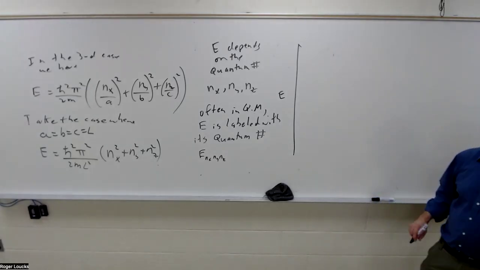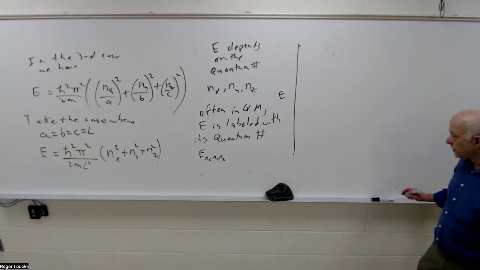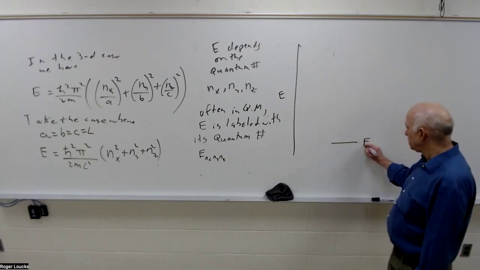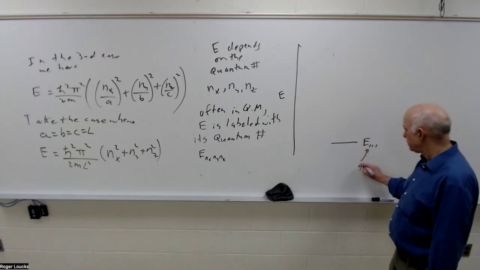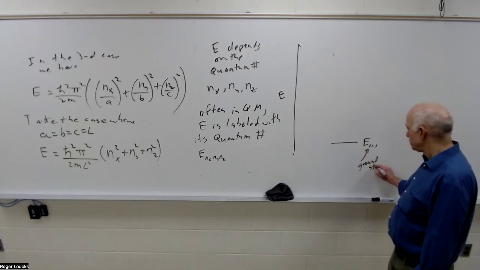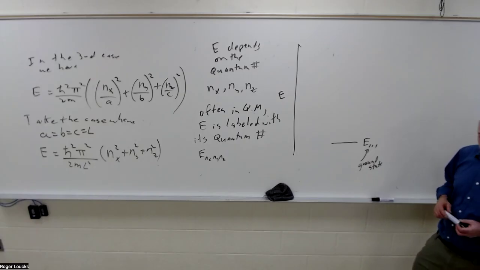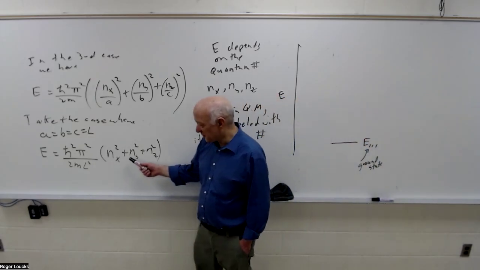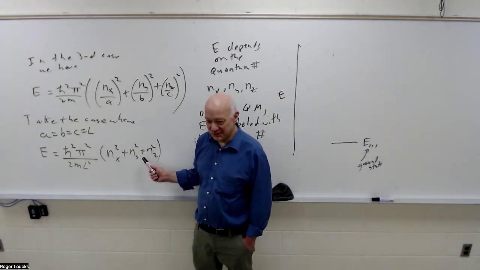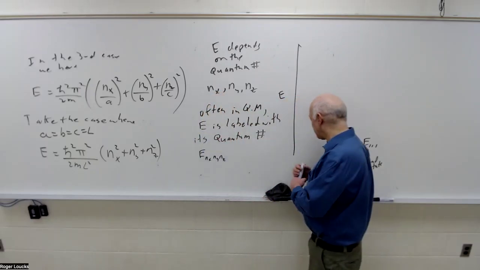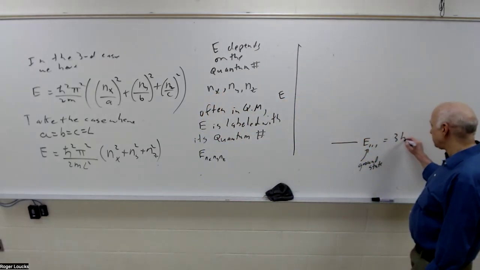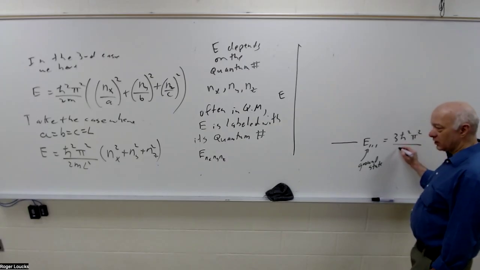The lowest state is going to be E111. This is my ground state. So what does that equal? Let's do some crazy math. 3 times 1 squared plus 1 squared plus 1 squared. Okay, 3. So this is going to become 3 h bar squared pi squared over 2mL squared.